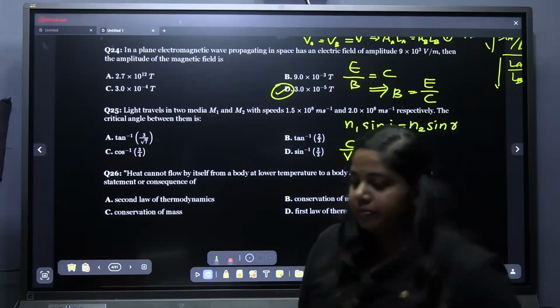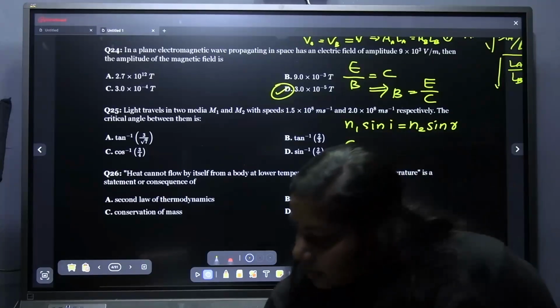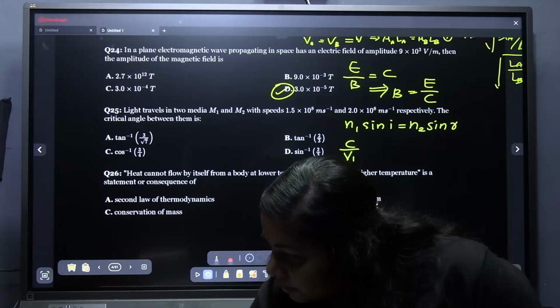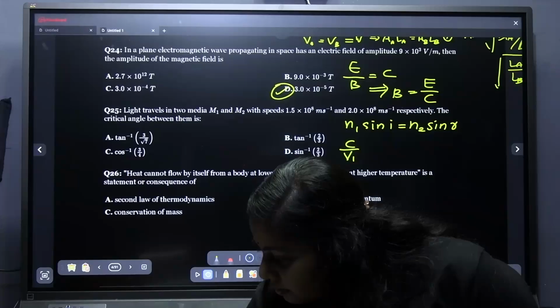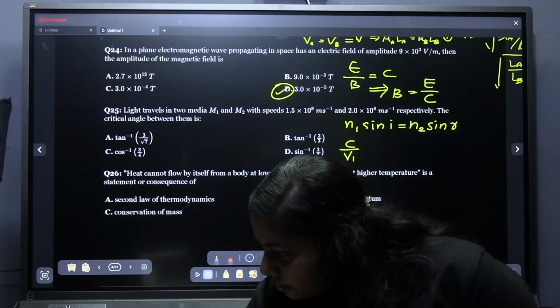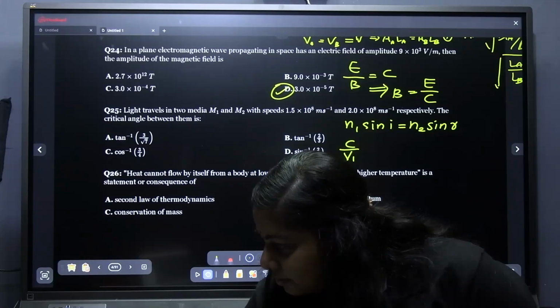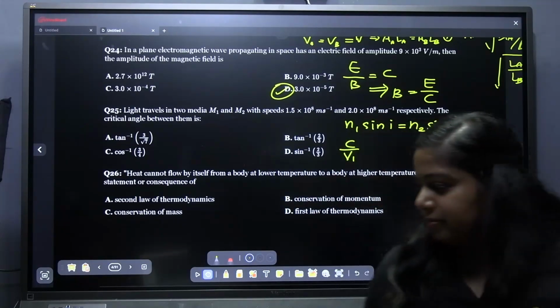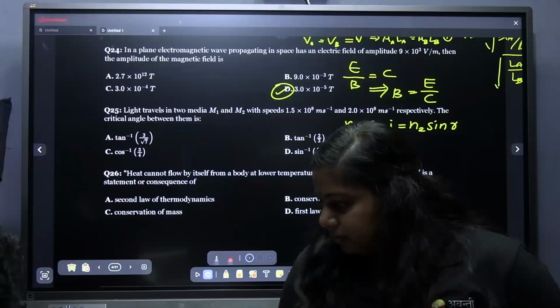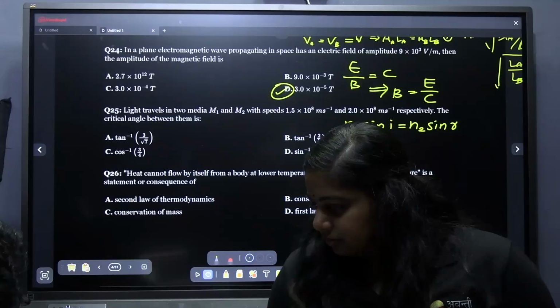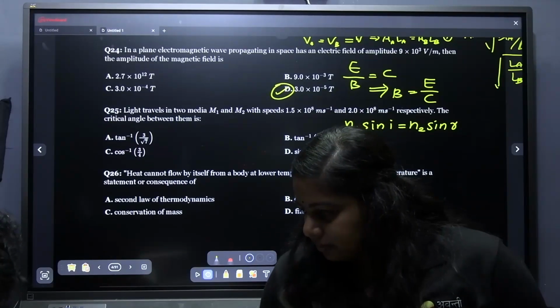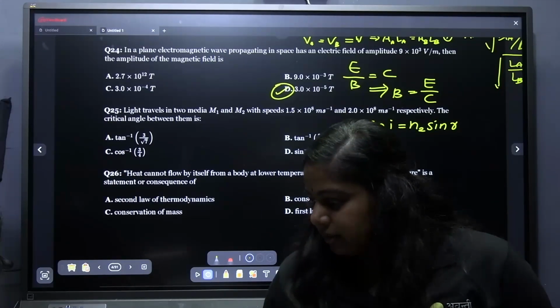Screen not visible. Is it connected? No, I just disconnected it.